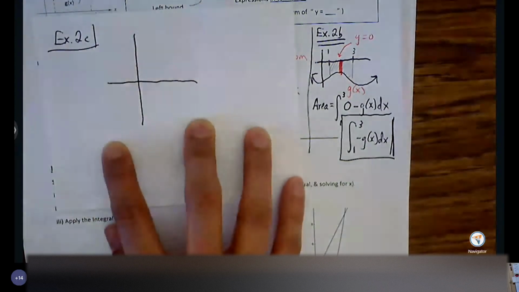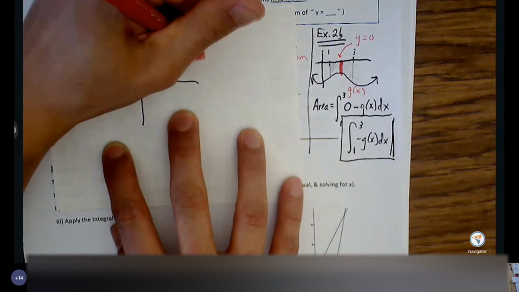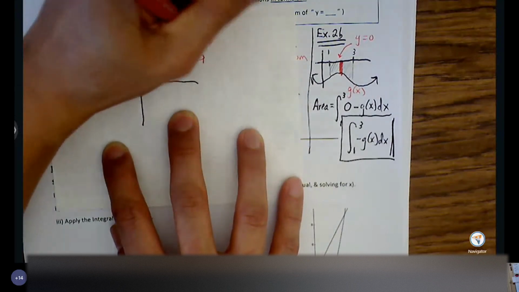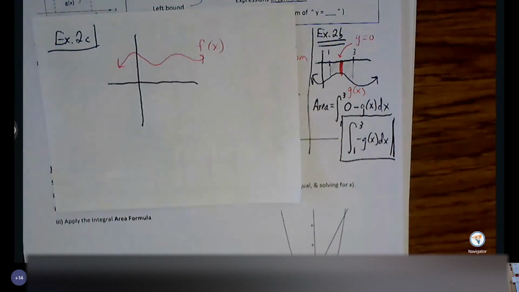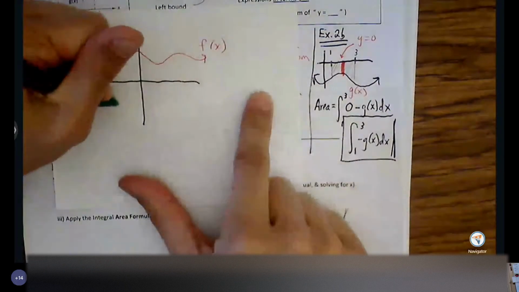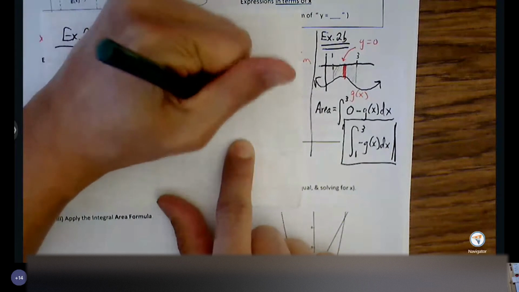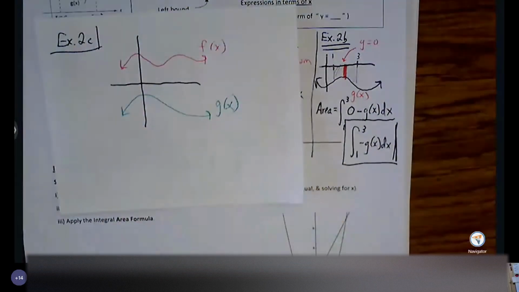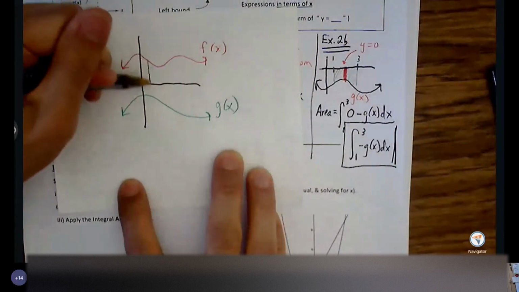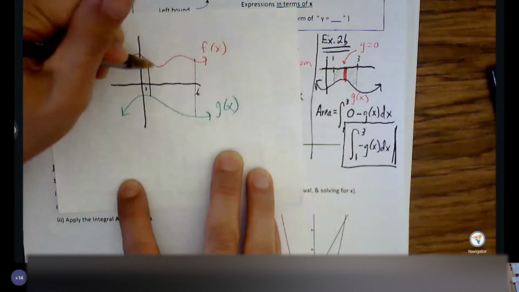Let's say I had a function f of x that was clearly above the x-axis, and I had another graph that was clearly below the x-axis, and I want to find the area between these two graphs. Let's say it was from 1 to 6.